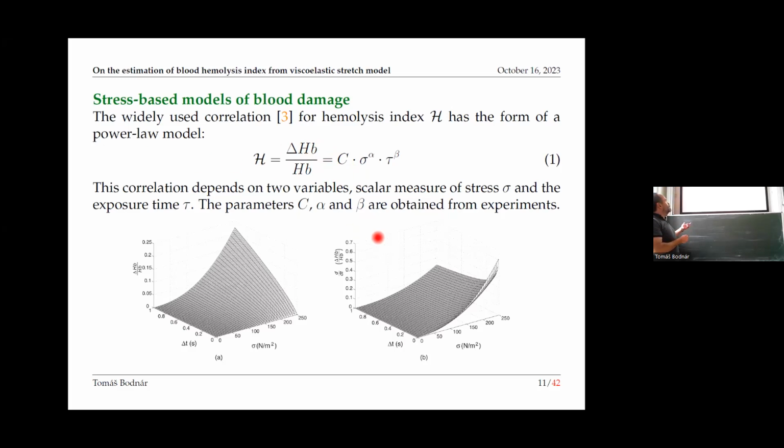But there is no such limitation in this model. It can grow indefinitely. So this correlation is widely used, but the coefficients are not, let's say, general. So you cannot use it everywhere without any limitation.